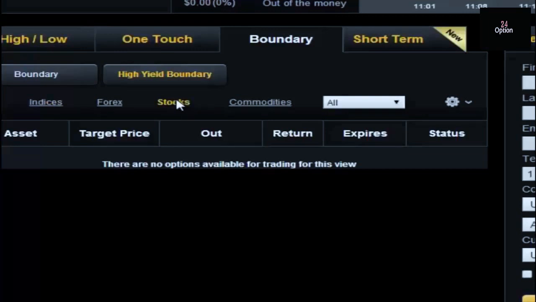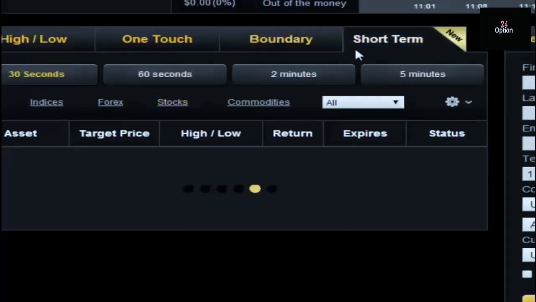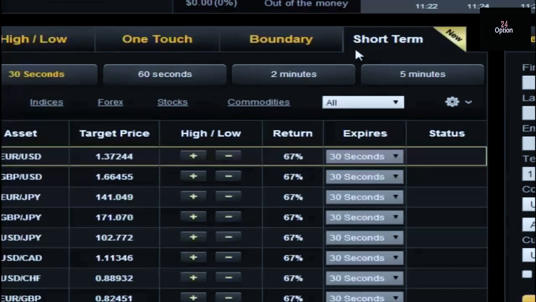The last type of binary option that is offered by the 24Option trading platform are short-term options. One nice feature that's different than many of the other binary option platforms that offer 60-second options is they now offer 30-second options.